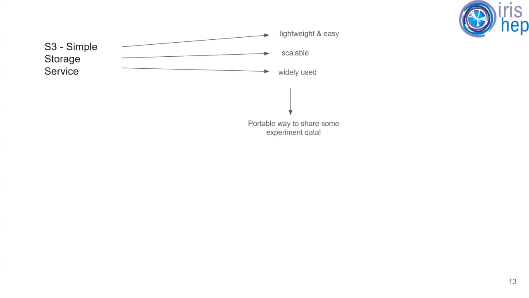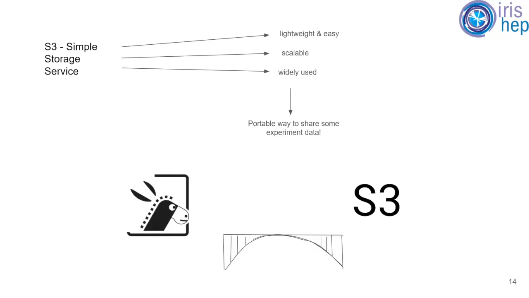That's why it's a really nice, portable way to share experiment data as well. So the goal of this project is basically to make a bridge between Rucio and S3 to allow users to manage S3 buckets right from the Rucio interface.